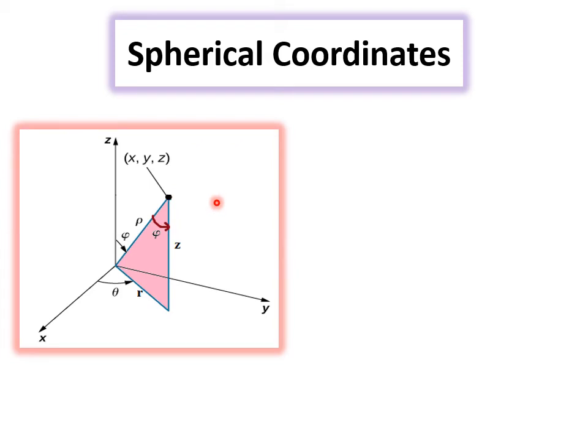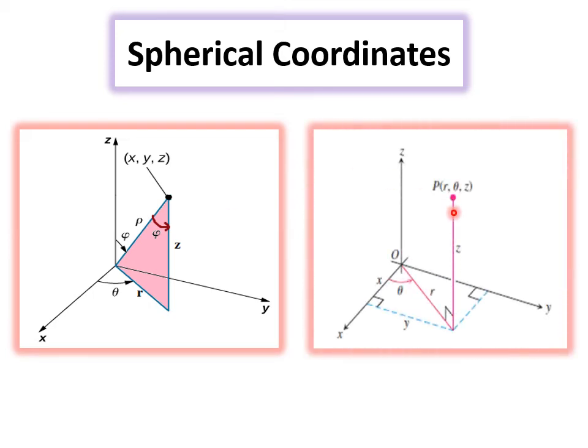Now we have to see how to find the relationship between x, y, z and rho, theta, phi. That is, we are going to see how to get the transformation. We know how to locate a point x, y, z in terms of r, theta and z. That is your cylindrical coordinate transformation. We got x as r cos theta, y as r sin theta.